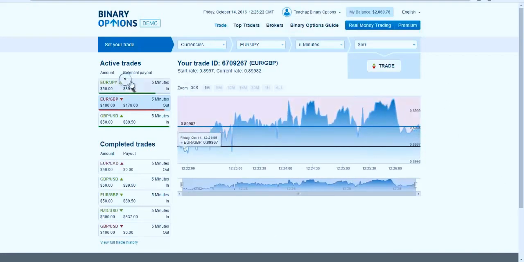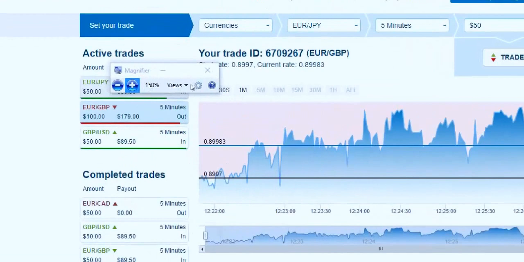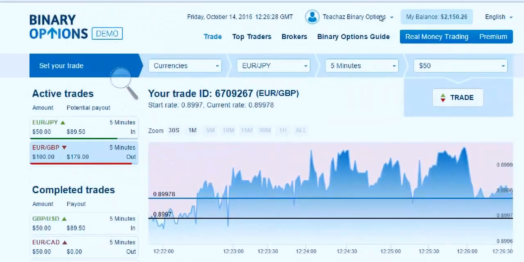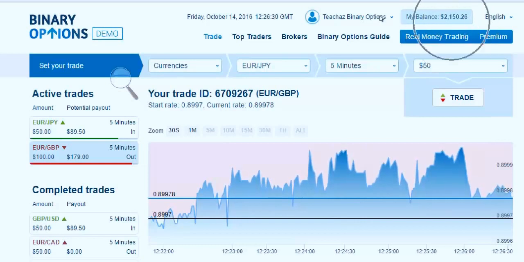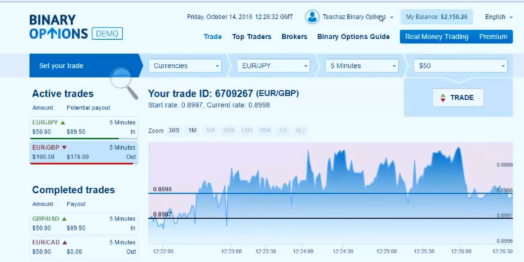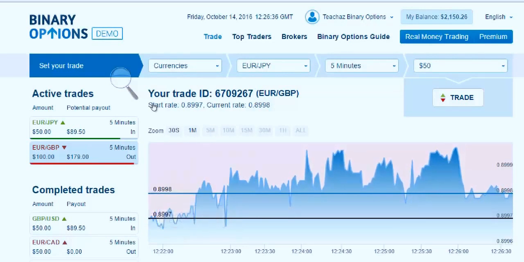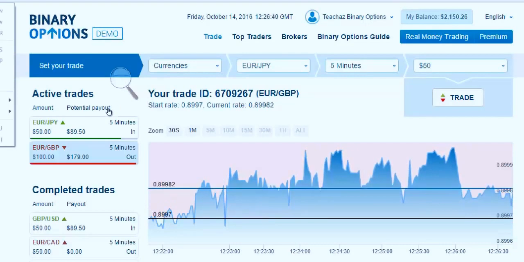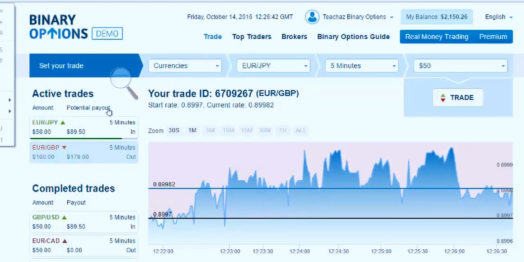You can also check on the right corner, the balance has increased. Now my balance is 2150, and I've lost another trade, this one, which is a $100 trade. Looks like a losing trade to me.